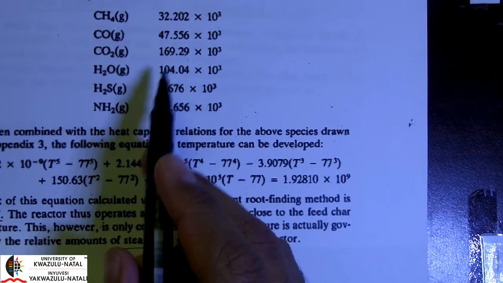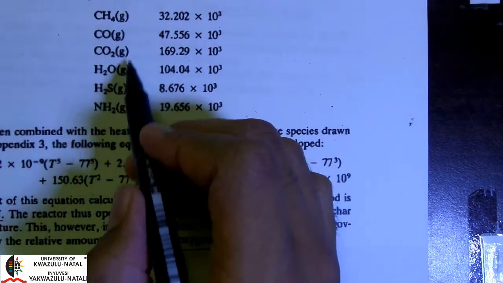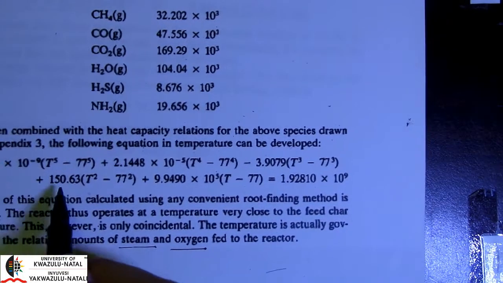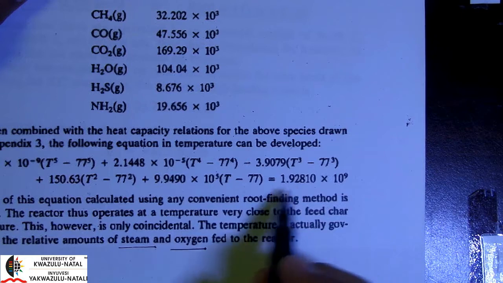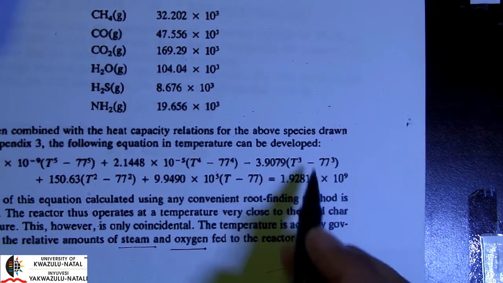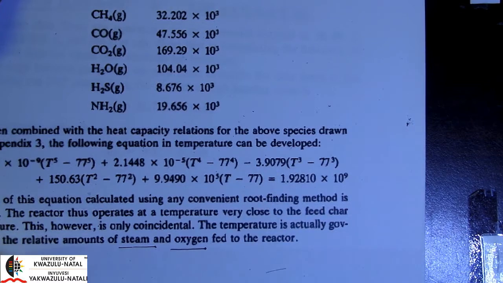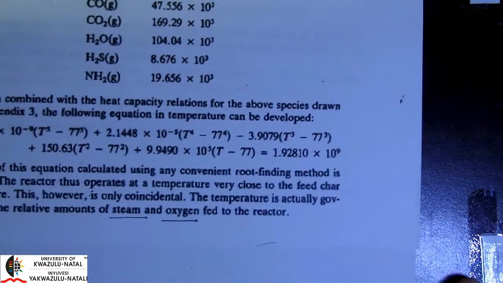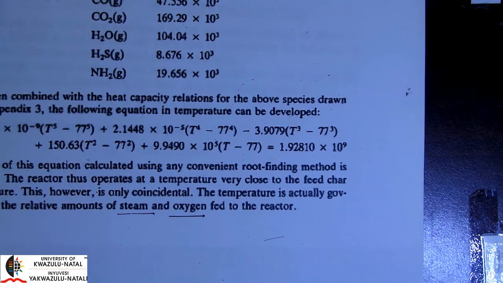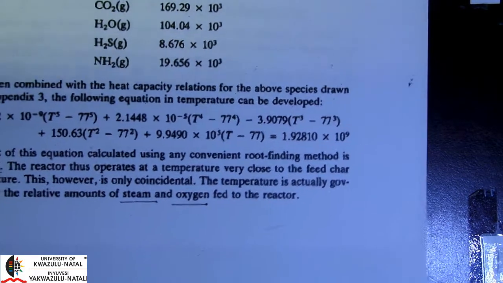Now, if we had to do this manually, here are the heats of formation that are retrieved, and this is what the expression actually reduces to, where we can ultimately solve for our temperature iteratively. And the final result is 1688.2 degrees Fahrenheit. Okay, and that's the problem solved.